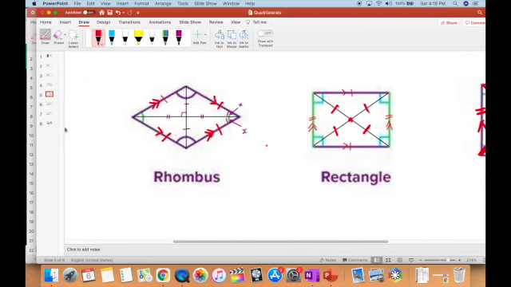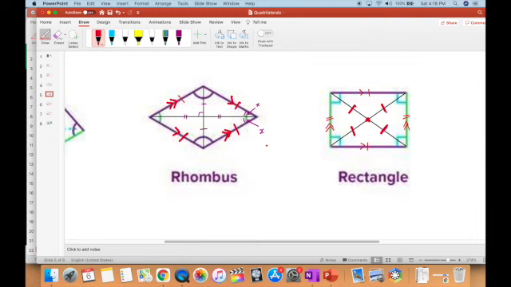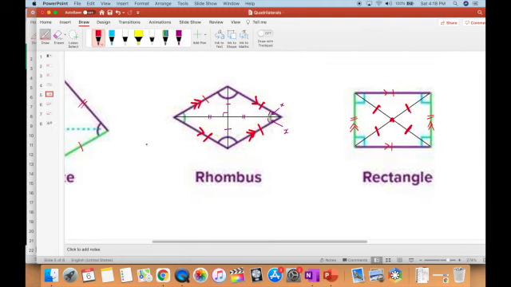In a rhombus, we have an interesting thing going on. Remember, a rhombus is a twisted square, so all of the sides are equal. We have this opposite side being parallel to this opposite side, and this opposite side being parallel to this opposite side.